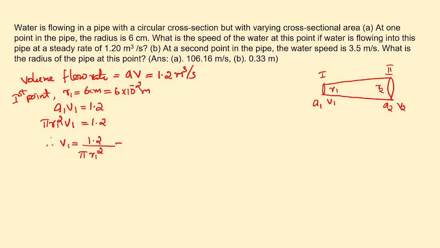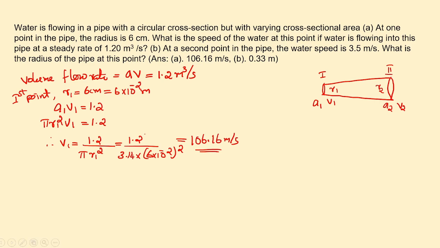So let us substitute 1.2 divided by 3.14 into the radius, which is 6 into 10 raised to negative 2, square. After the calculation, you can find the velocity at the first point is 106.16 meter per second.